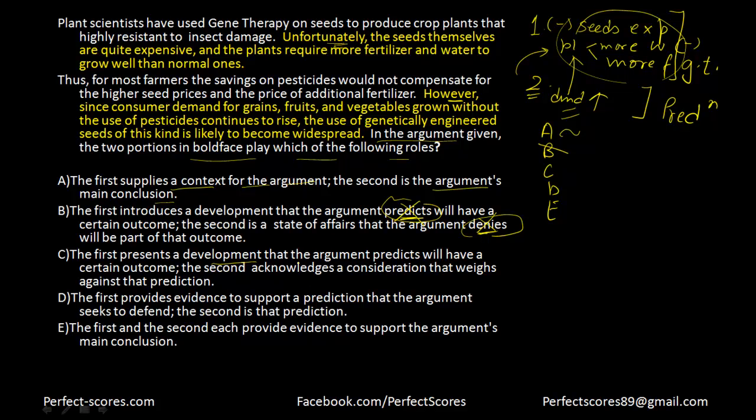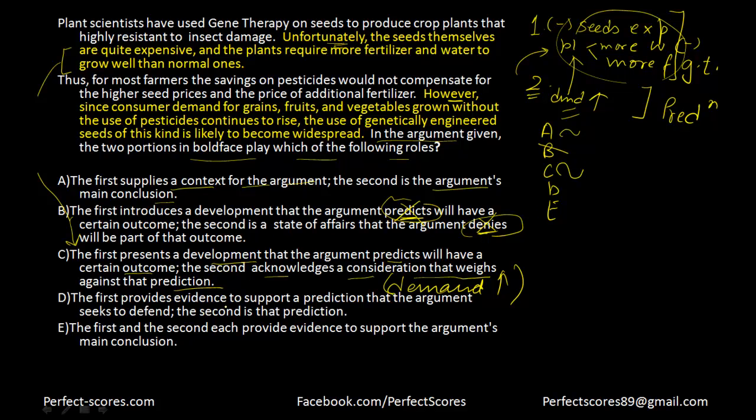Yes, we do have a development that the argument predicts will have a certain outcome. So this one is going to be the development. The second acknowledges a consideration that weighs against that prediction. And what is the consideration? That the demand for such seeds is going up. That means even C can be the answer.